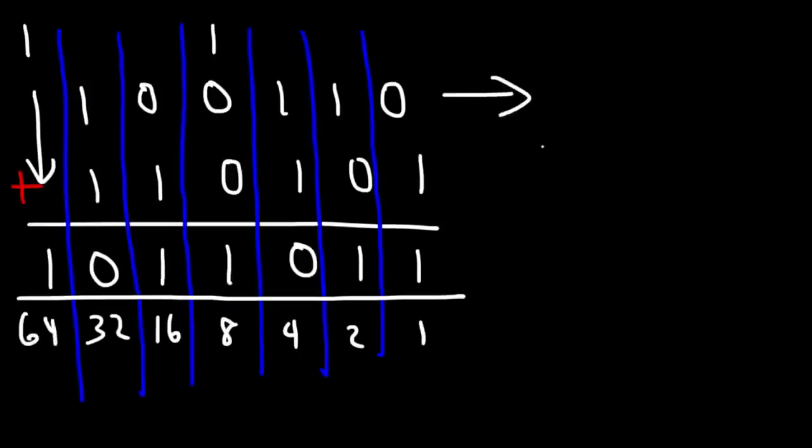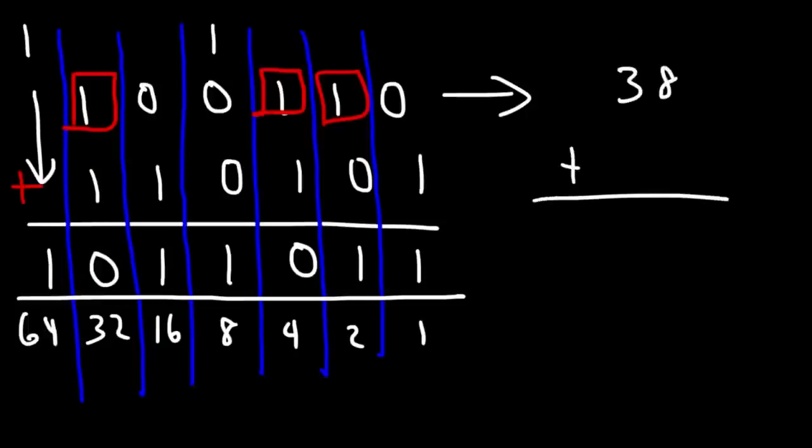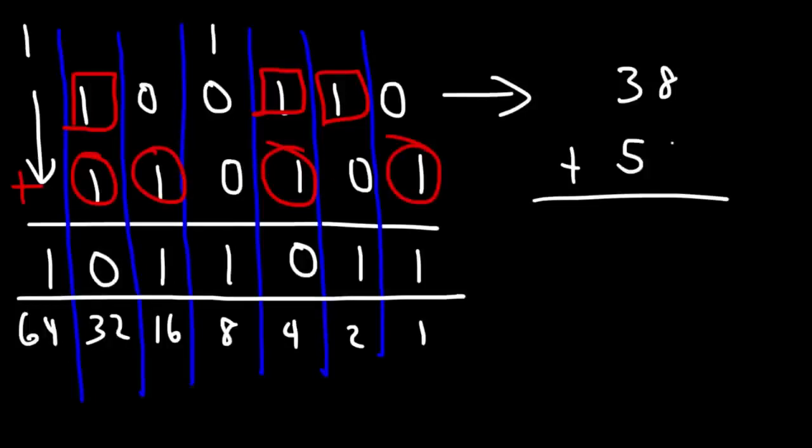So let's get the decimal equivalent of the first number. So we have a 32 plus a 4 plus a 2. 32 plus 4 is 36, plus 2, that's 38. And then for the next one, we have a 32 plus 16, which is 48. 48 plus 4 is 52, plus 1, that's going to be 53.